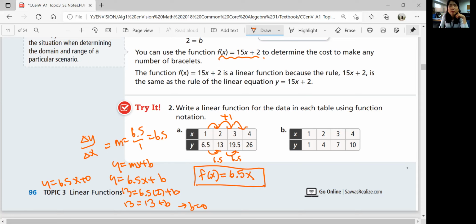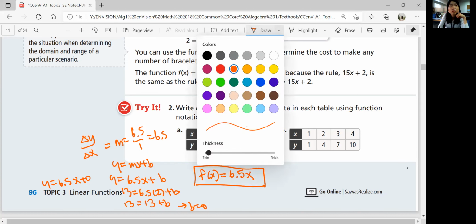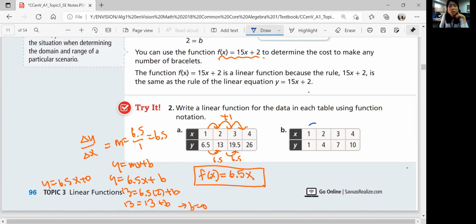In the same way, part B. For every change in x, how much is your change in y? That is your slope. Your y is adding 3 each time you add 1 to your x, right? So 3 over 1 is your slope, which is just 3.